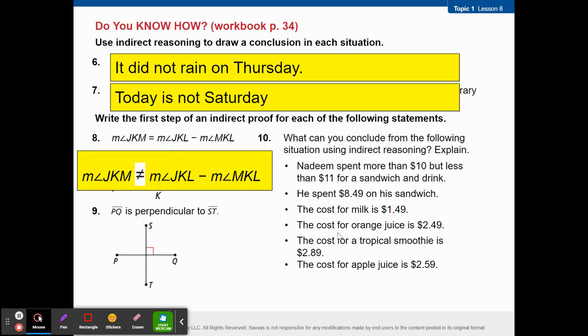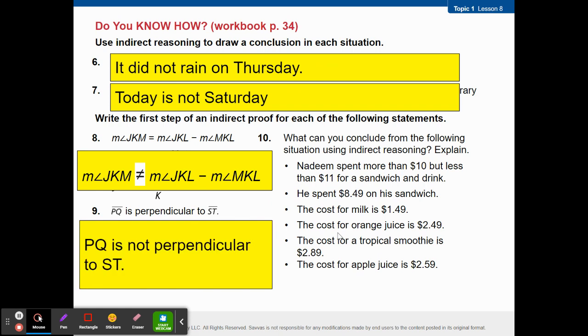Perfect. Are those who left it blank thinking, oh snap, that was actually pretty easy? They just wanted you to negate it. That's it. How about 9? PQ is perpendicular to ST. Good. PQ is not perpendicular. Right? Questions on these four before we move on to 10?